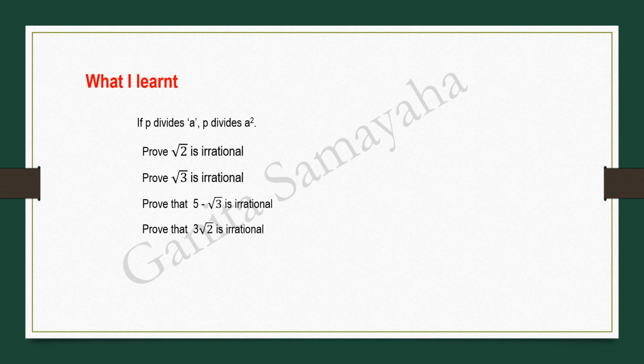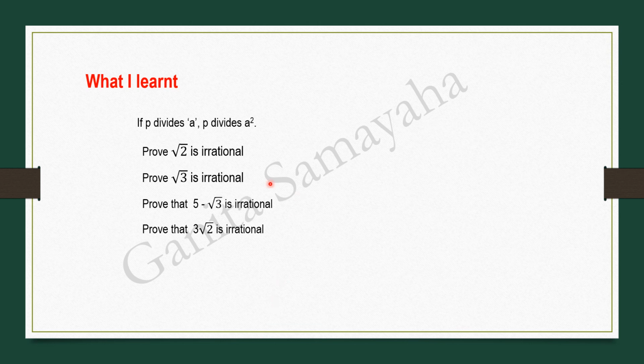We have seen that for root 2 and root 3, to prove it is irrational, we have got one particular pattern, and to prove that 5 minus root 3 and 3 into root 2 are irrational, we have got a different pattern. Okay, children, please go through the video and understand these concepts well, and then please practice it.